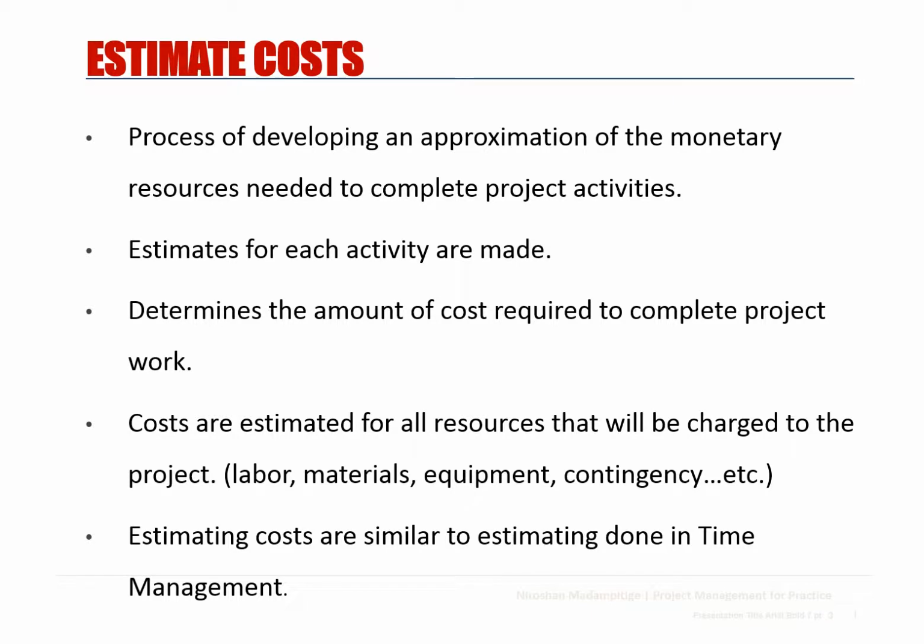Equipment, contingency: if there will be risk in your project, it has to be accommodated into your cost plan. And for those, you have to allocate reserves, contingency reserves for those risks. These are all estimated and included in the estimate cost process.